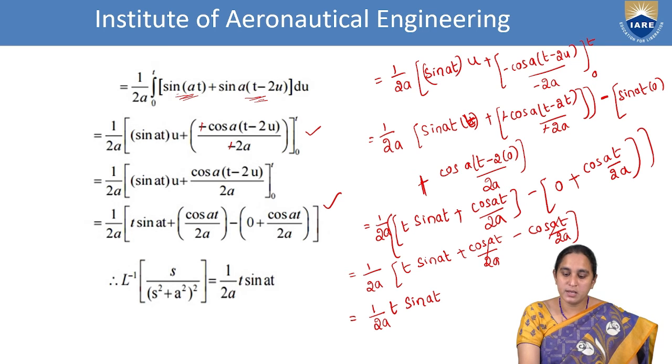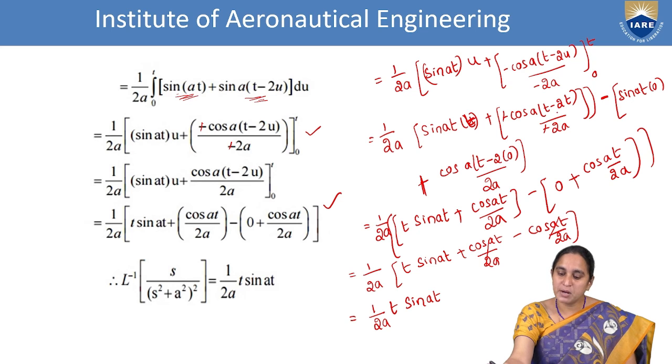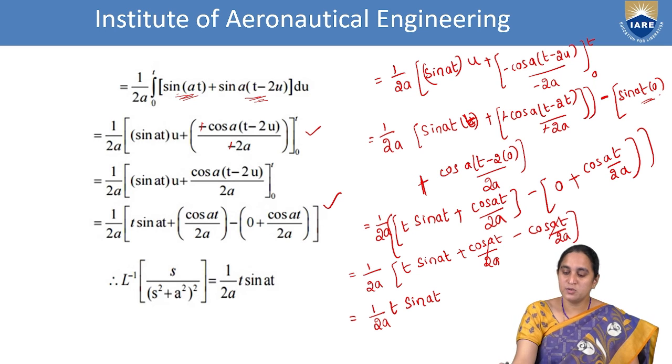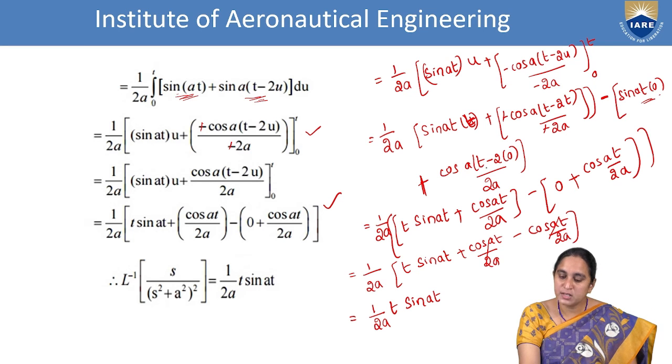That is 1 by 2a into t sin at. Cos a of (t minus 2t) means here we got cos a of minus t. Cos of minus theta is equal to what? Cos theta. That's why I'll write here cos at by 2a minus sin at of 0, which means what? Sin of 0 is 0, multiplied with anything that is 0, plus cos a of (t minus 2 of 0) gives cos at by 2a.